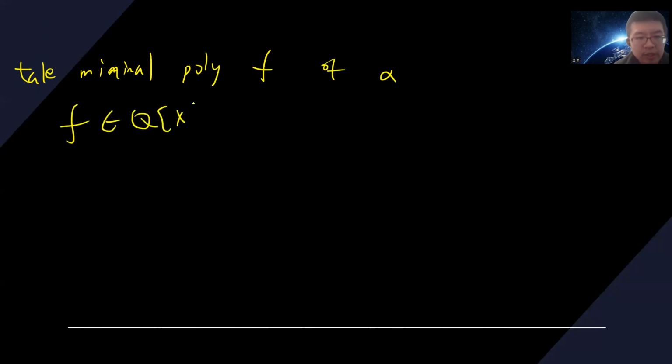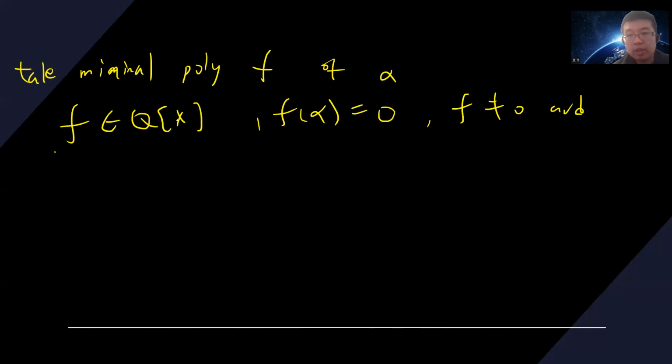So the proof basically follows a simple idea. We just take the minimum polynomial f of alpha. So f of alpha is 0, and f is monic, because it's over Q, so I can always choose it to be monic.